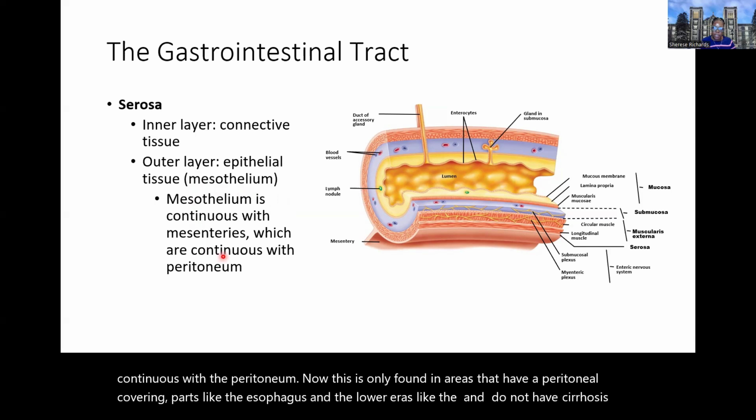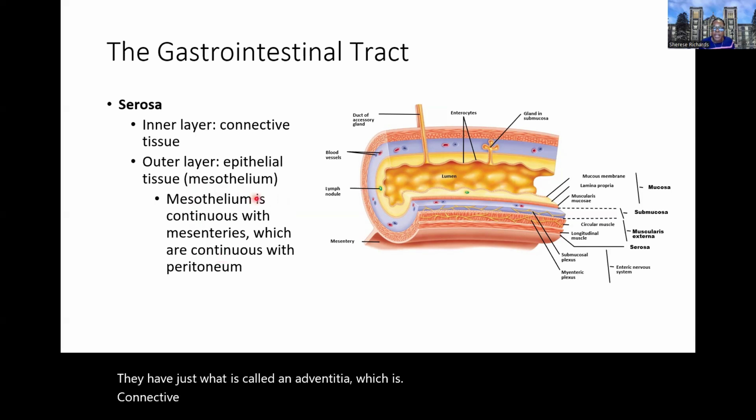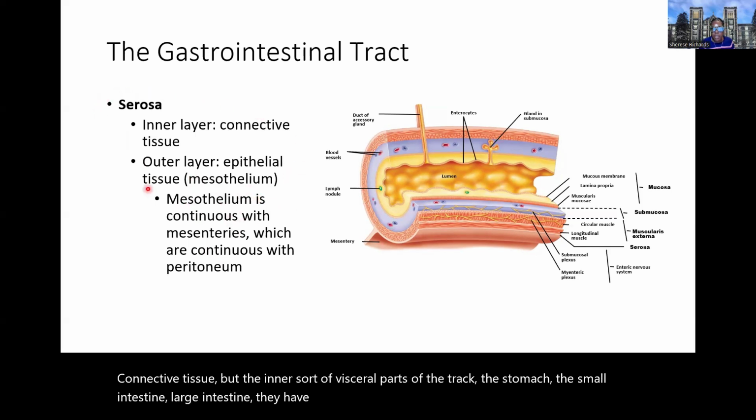They have just what is called an adventitia, which is a thicker connective tissue, but the inner visceral parts of the tract, the stomach, the small intestine, large intestine, have a thinner mesothelial layer that is continuous with the peritoneum that we describe as being serosa.